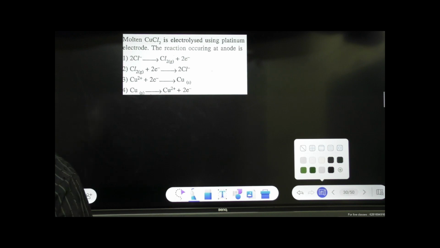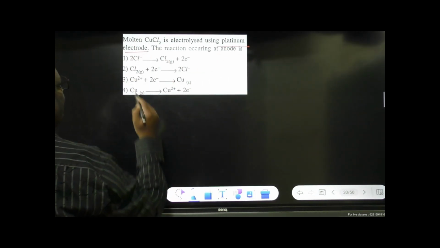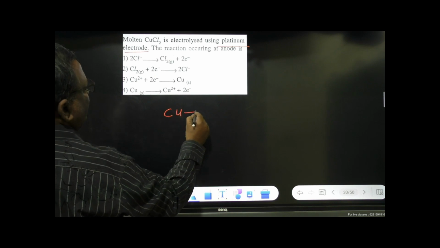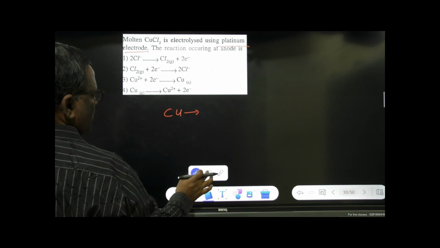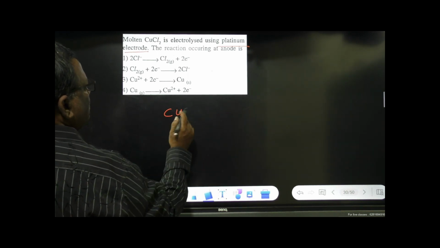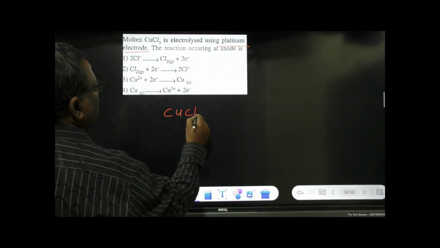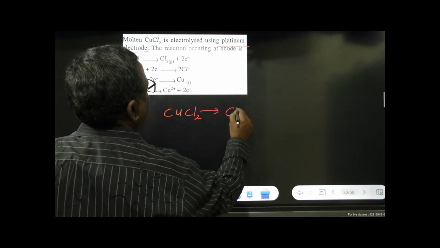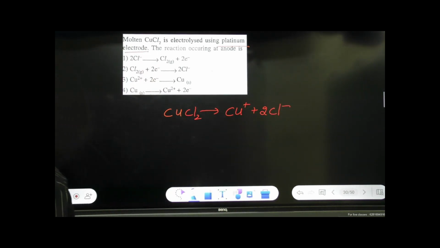Next one. Molten CuCl2 is electrolyzed using platinum electrodes. What is the reaction at the anode? Platinum is an inert electrode. So CuCl2 gives Cu plus 2 ions and 2 Cl minus ions.